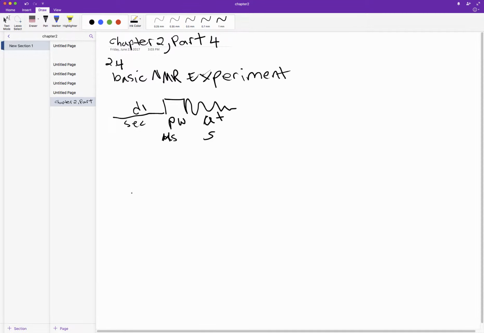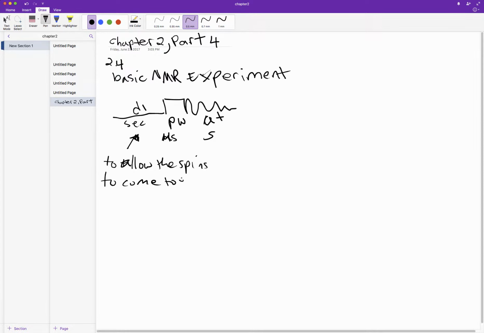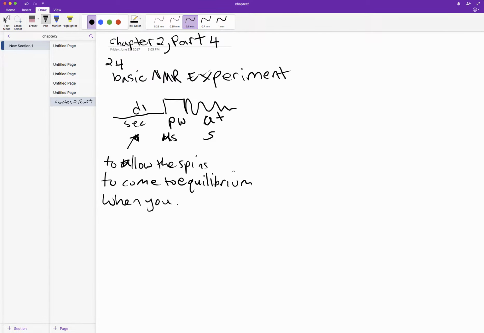The D1 time is to allow the spins to come to equilibrium when you place the sample in a magnet, or after a pulse.